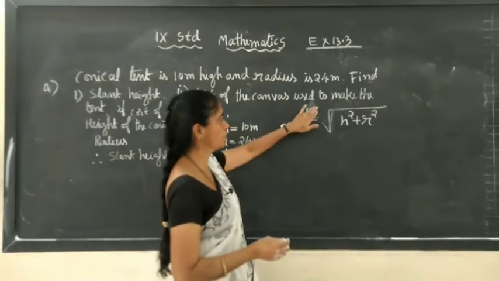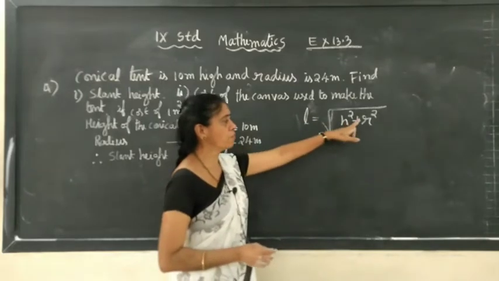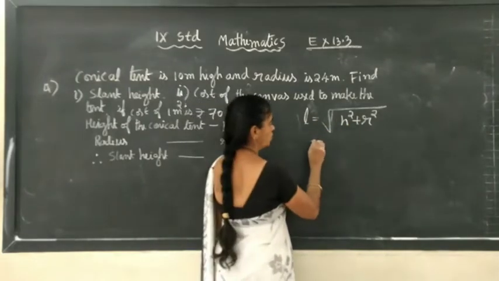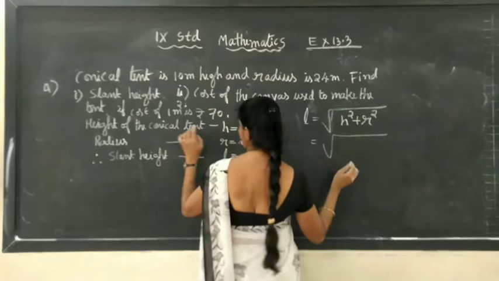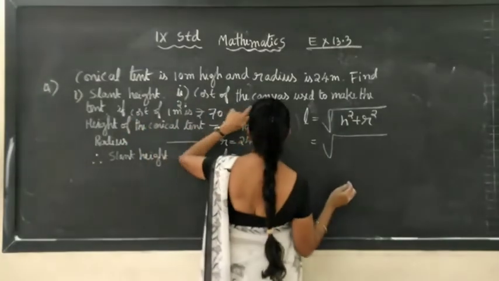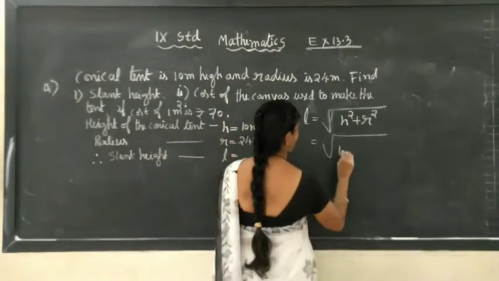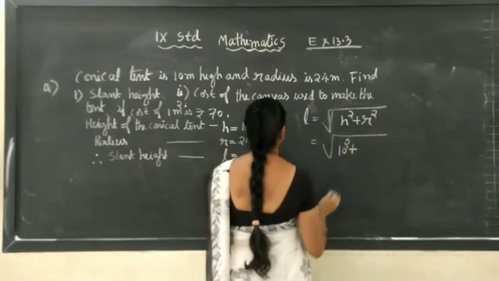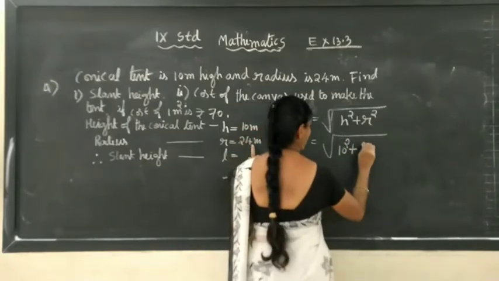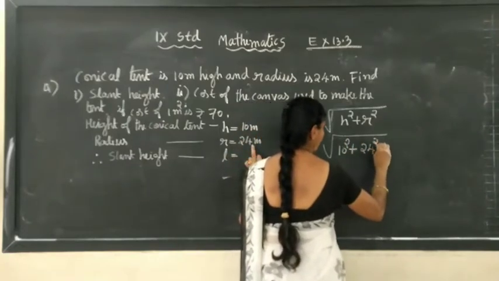So l is equal to square root of h square plus r square, which is equal to square root of 10 square plus 24 square.